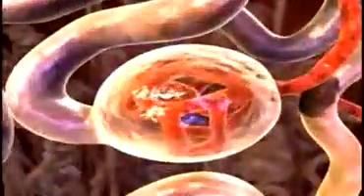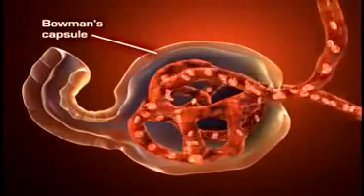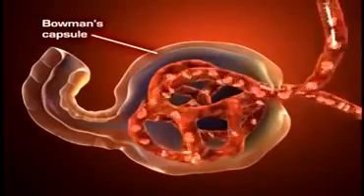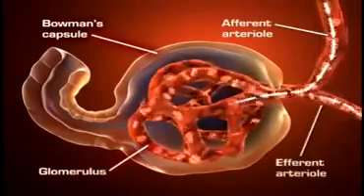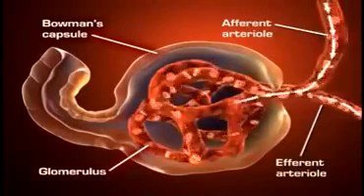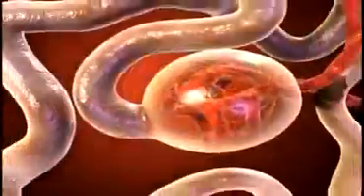The lobular arteries further subdivide to form interlobular arteries, which branch off into afferent arterioles. Blood flows into the glomeruli through the afferent arterioles. Blood flows out of the glomerulus through the efferent arteriole. The afferent and efferent arterioles regulate glomerular capillary pressure by selectively dilating or constricting.